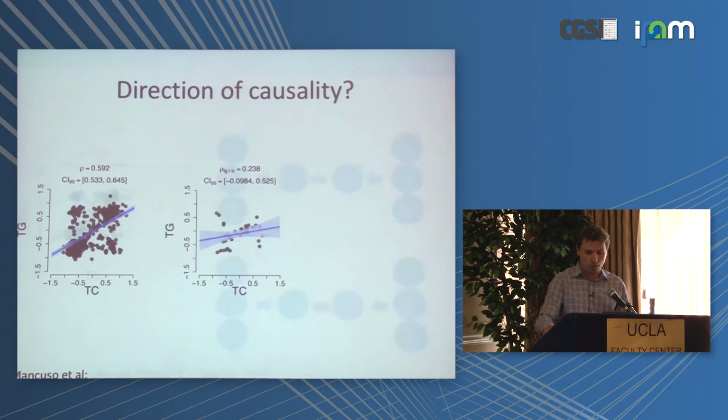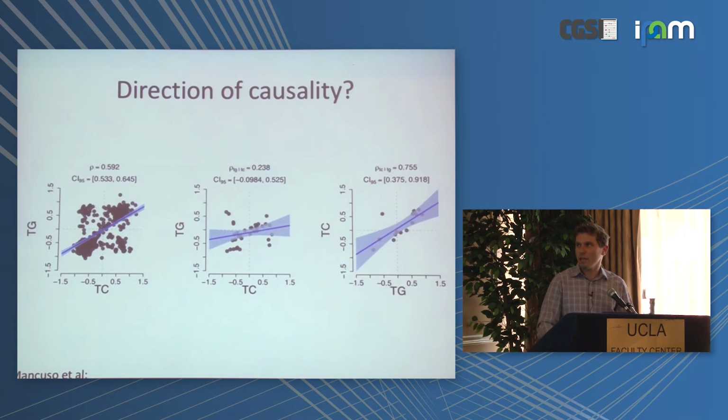So let's see, does it work? Well, this is what happens if you condition on genes that are significant for TC. You see that this line is decreased and it's overlapping 0, so it's not significant essentially. But if you do it the other way around, you see that the slope of this is actually increased, right? So it's slightly higher. Of course, there are confidence intervals there, right? So this is consistent, or this could be used essentially to predict that triglycerides are causally impacting TC, right?